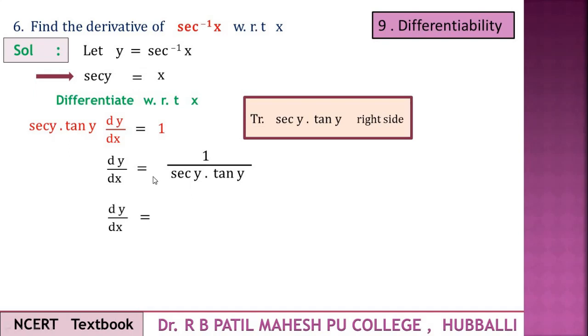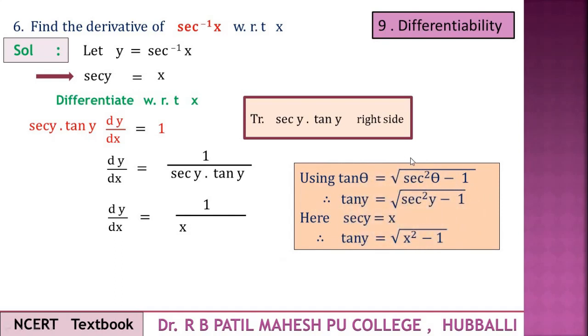Now secant y means x, and for tan y I use the identity relating tan theta and secant theta, root of secant square theta minus 1. We get this identity from the standard identity 1 plus tan square theta is equal to secant square theta. From that identity, 1 is transferred to the right side, then tan square theta is equal to secant square theta minus 1. Tan theta means root of that.